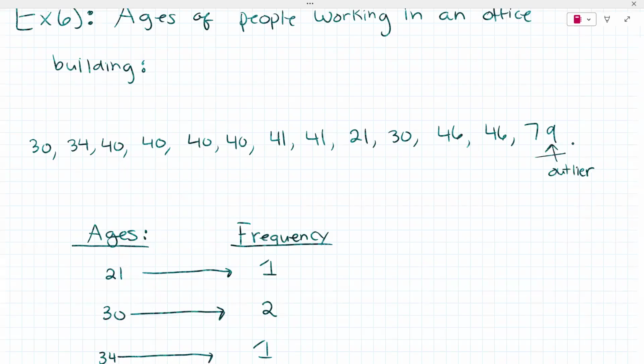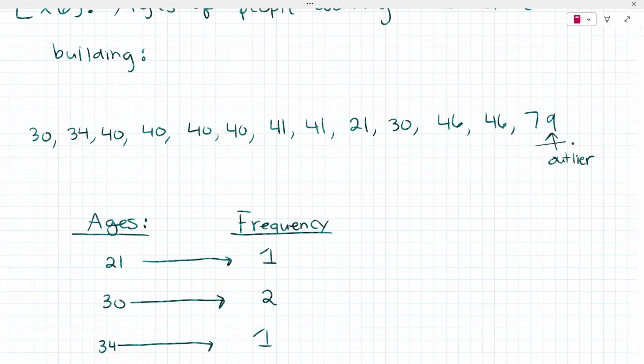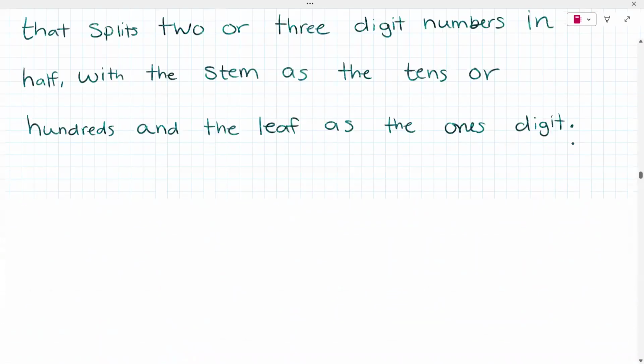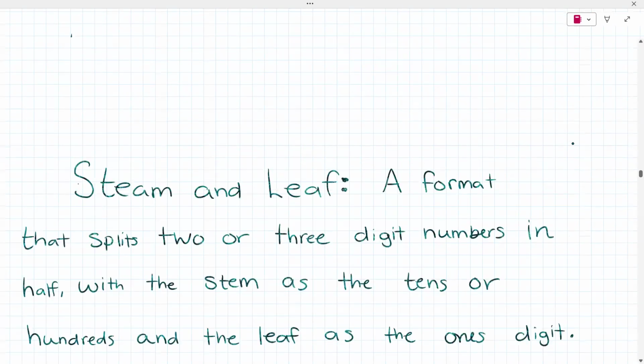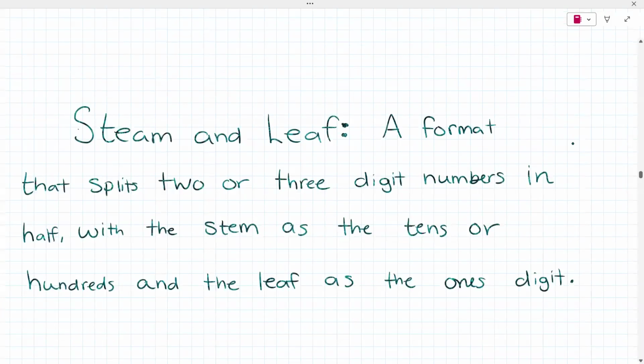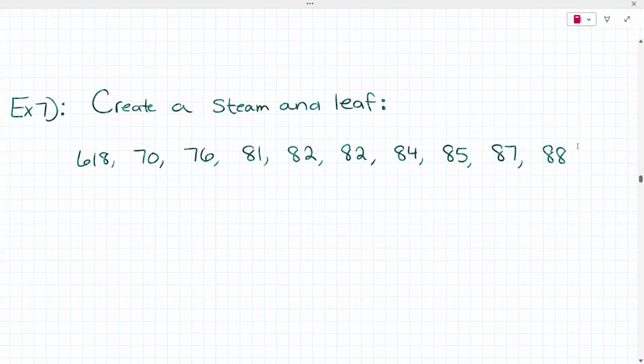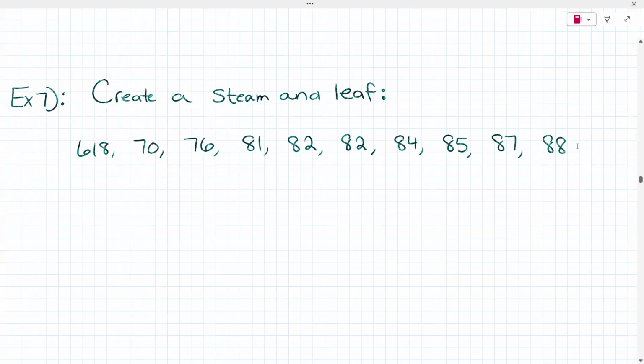Okay, now let's talk about stem and leaf plot. So stem and leaf is a format that splits 2 or 3-digit numbers in half, with the stem as the tens or hundreds and the leaf as the ones digits. So here I'll show you. So example 7 says create a stem and leaf.